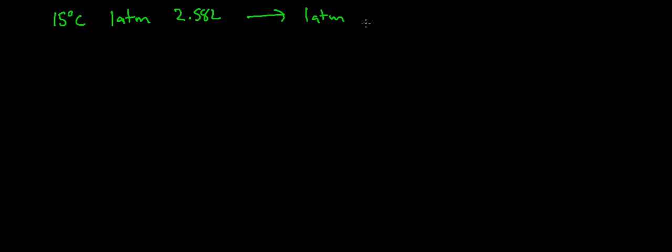So the pressure is still constant, but the temperature is to be raised to 38 degrees Celsius. And my question is, what will be the volume if the pressure is maintained and the temperature is raised from 15 degrees Celsius to 38 degrees Celsius?